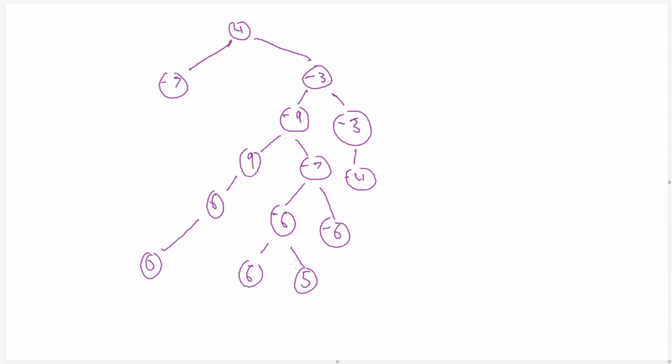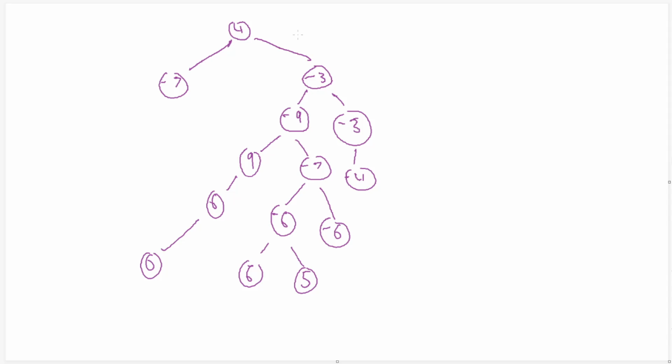Let's see. As we can see, the longest path does not appear to be simply taking the height of the left and the height of the right and getting the sum.